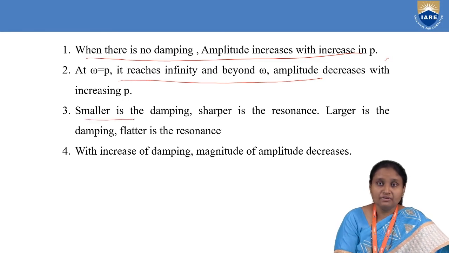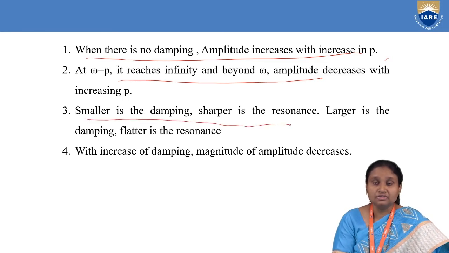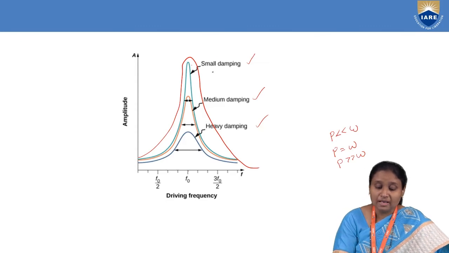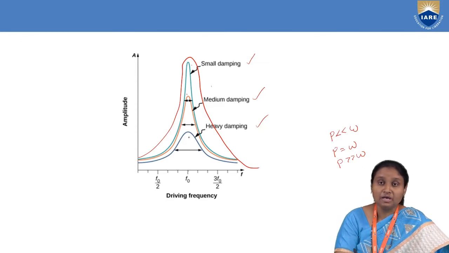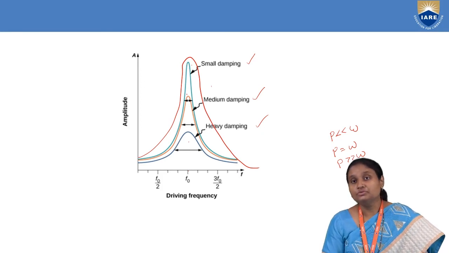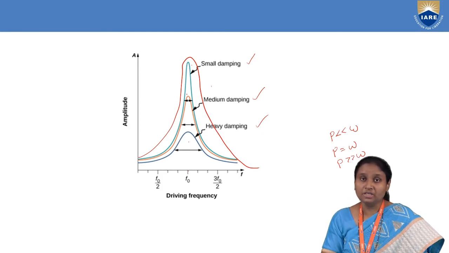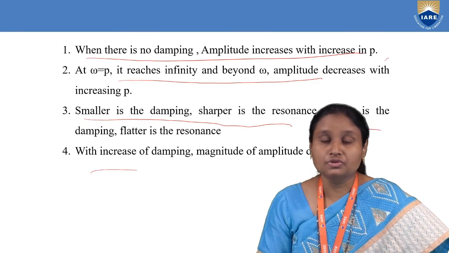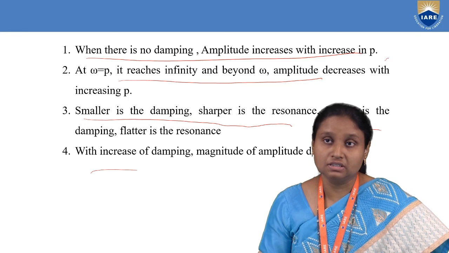And we have seen that for smaller damping, resonance is sharper, whereas for larger damping, resonance is flatter. As you can see, when damping is increasing, amplitude value is decreasing. So you'll have larger amplitude for smaller damping systems. So this is what we have discussed about forced harmonic oscillations in this video.